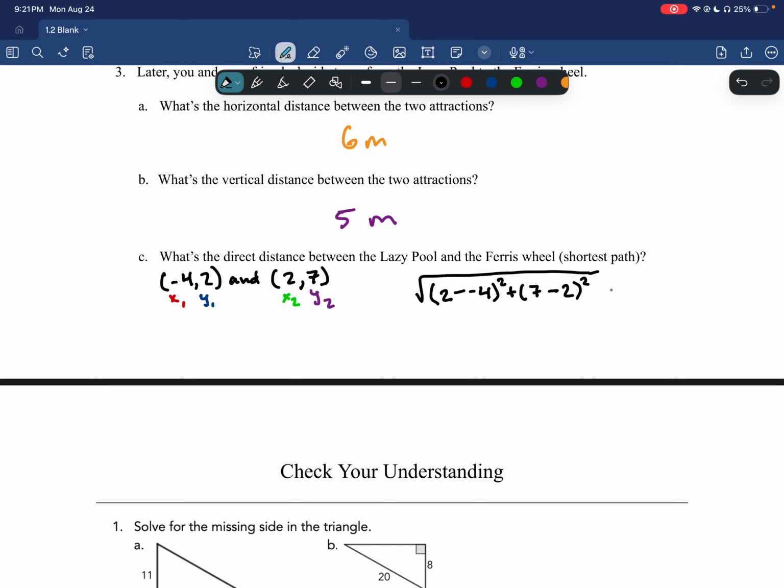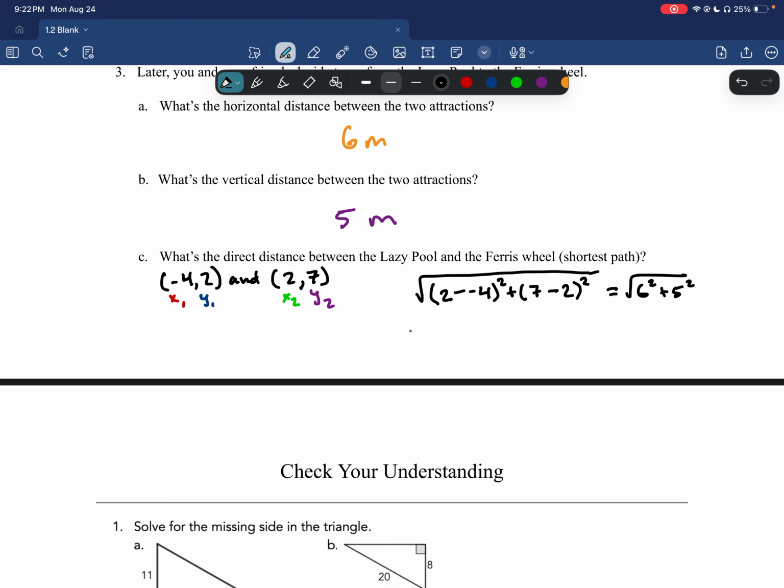Now, I can just plug this straight into my calculator, or I can simplify if I want. It doesn't really matter. I'll just simplify. 2 minus a -4 is really like a plus, so 2 plus 4 is 6. So we got 6 squared plus 7 minus 2 is 5, so 5 squared.